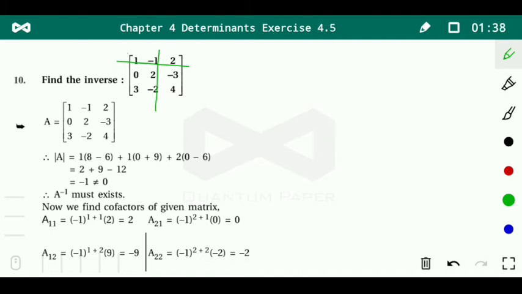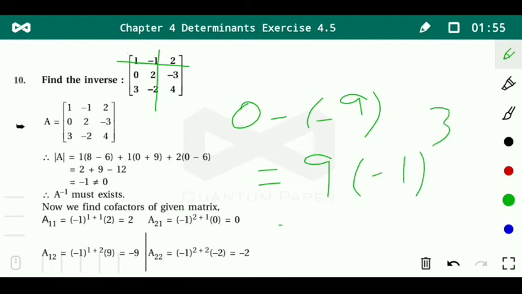So 4 zeros are 0 minus 9, so it will be plus 9. And we also have to multiply with minus 1 raised to 3, because we are finding the cofactor of A12. So 1 plus 2 is 3, and minus 1 raised to 3 will be minus 1. So minus 9 is the answer of capital A12.